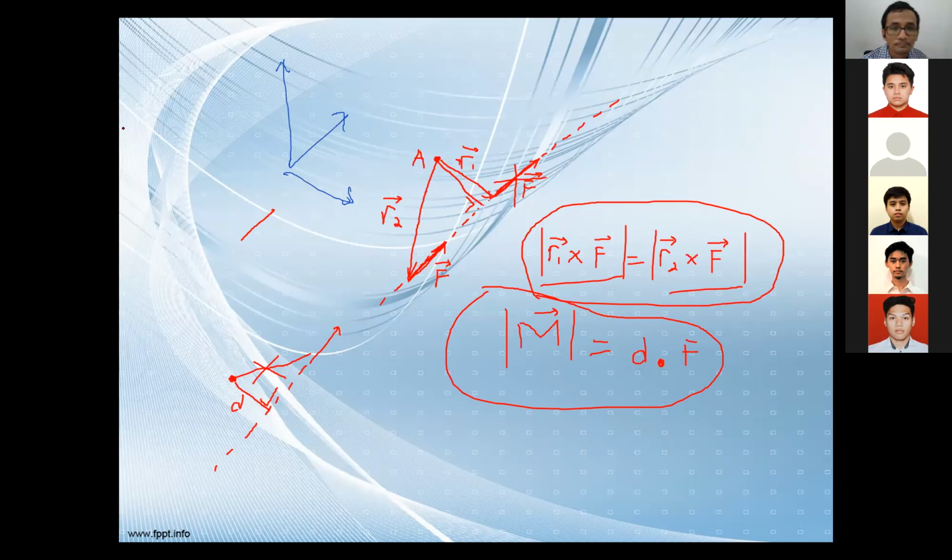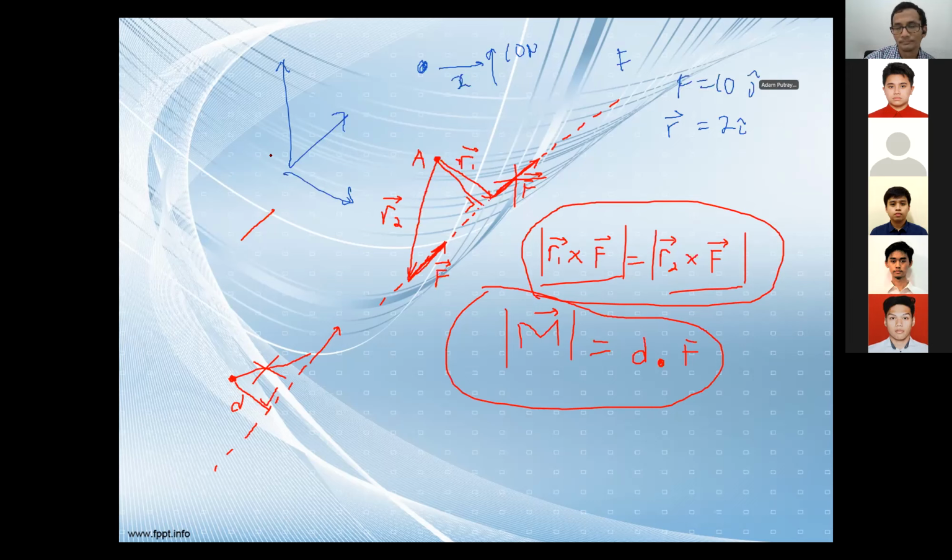So the previous question was something like this: 10 newtons, and then this is 2, and for R it was 2I, and for F it was 10J.